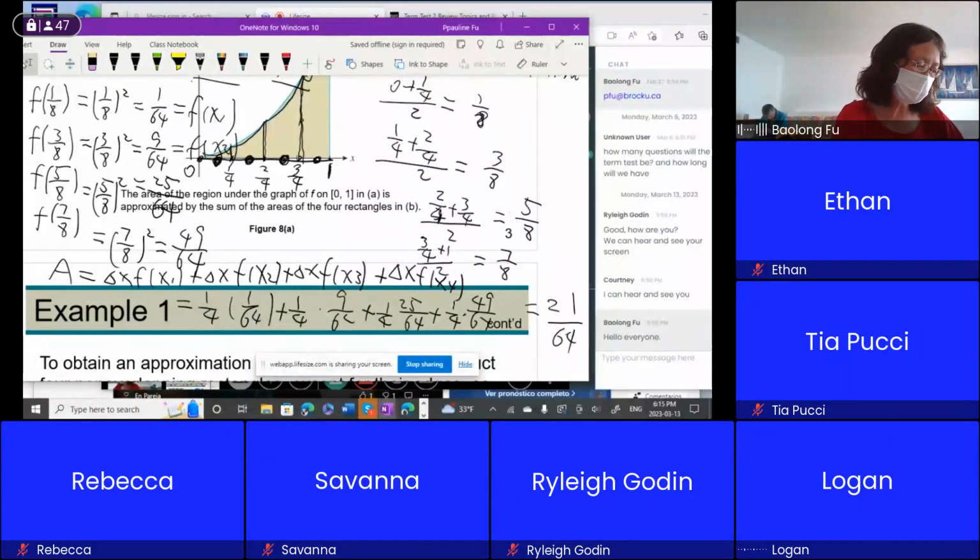For example, your written assignment 4, the question asks you divide the area in 2 intervals or divide the area into 4 intervals. This example is 4 intervals. Another question asks you to divide the area into 5 intervals, into 10 intervals. So it will be given. Okay, thank you for asking.